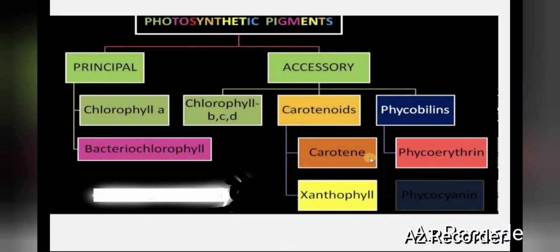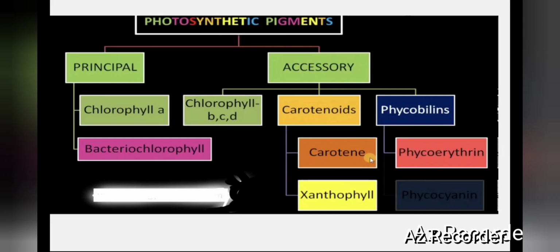Here in the chart you can see the principal and the accessory pigments. Principal photosynthetic pigments are chlorophyll A and bacteriochlorophyll. Accessory pigments include chlorophyll B, C, D, carotenoids, and phycobilins.